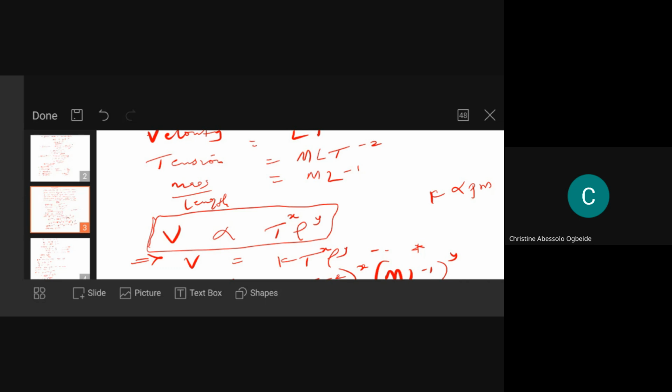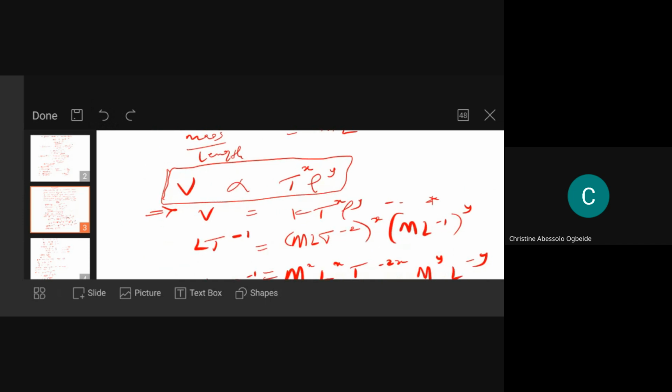But they said that V varies with T and rho. Now, anytime you want to remove the symbol of proportionality, you need to bring in a constant, and I call that constant K. K can be anything. K can be pi, 2 pi, 3 pi, or 1. K can be anything.